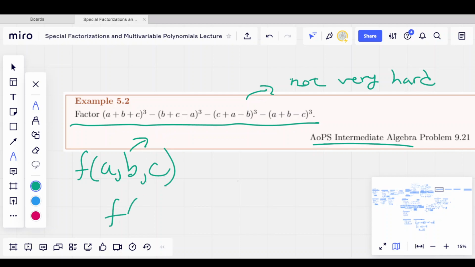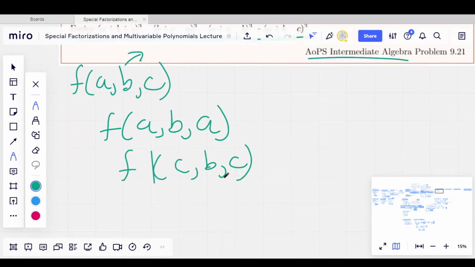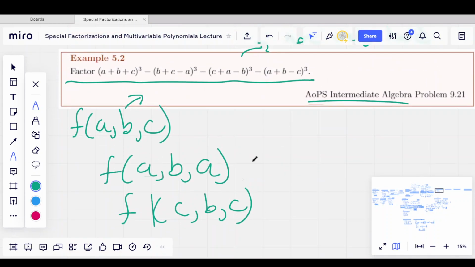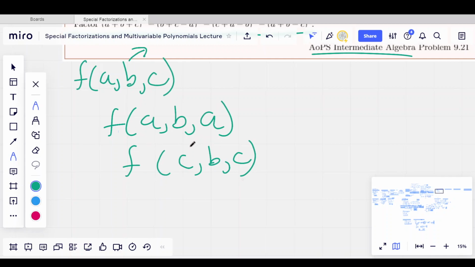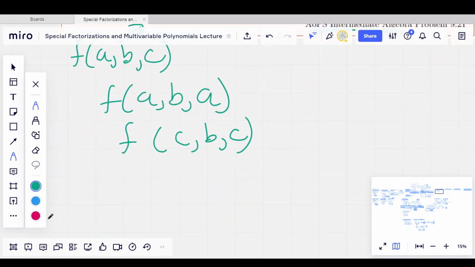You might have tried this, or something crazy like this, or anything else like that. But you might have found that this doesn't really work, doesn't exactly cancel these terms. So when you don't know what to do, you should always try 0 and 1. That's another strategy that you should know.